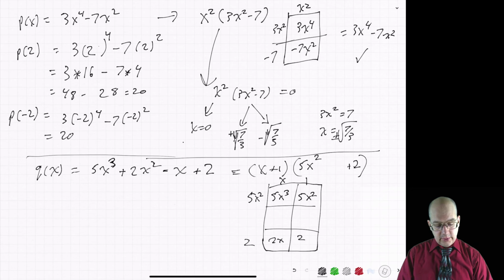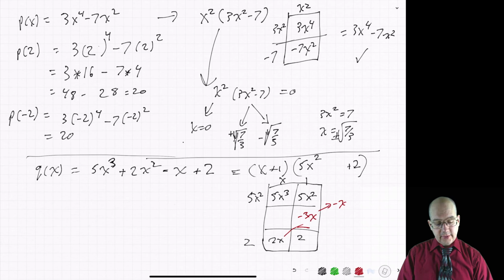And now what do we need to do? 2x adds within the x term, so I'll just write it in red for what we want. When the 2x adds to whatever's in this box, we want it to end up with minus x, right? So when we add along this diagonal, we get minus x. And to get from 2x to minus x, we need to add in minus 3x.